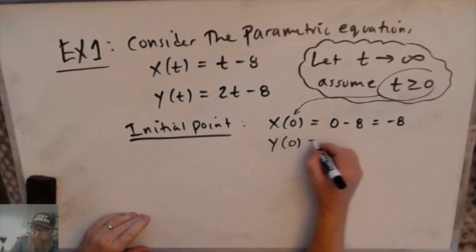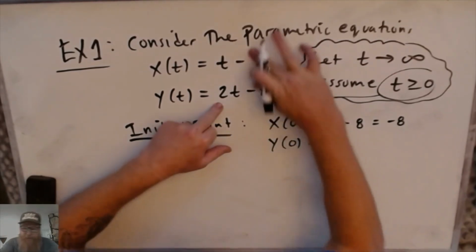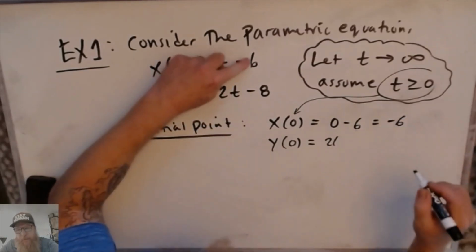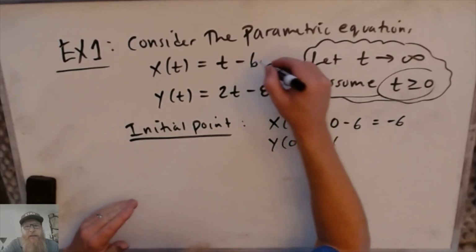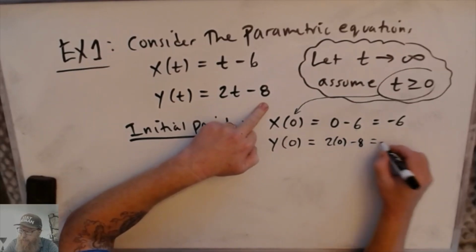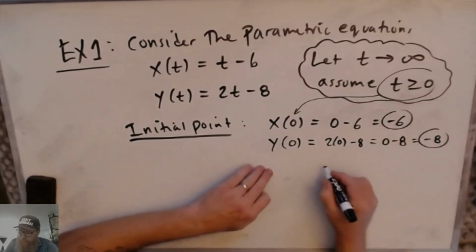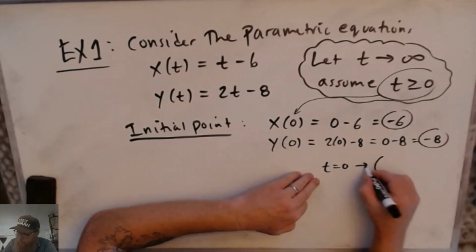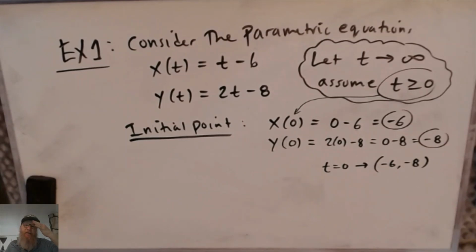Oh, I wrote one of these equations down wrong. That's supposed to be a 6. Sorry about that. I was writing too fast, and those are both not supposed to be 8s. So for the x, it's a 6, and for the y, it's an 8. I'm glad I caught that now. So this is the initial point. If t is equal to 0, then x is equal to -6, and y is equal to -8.